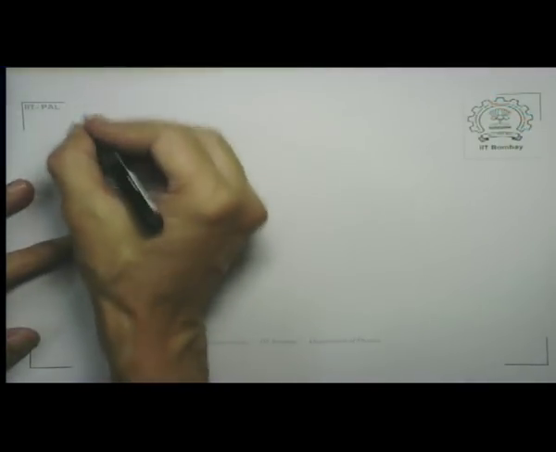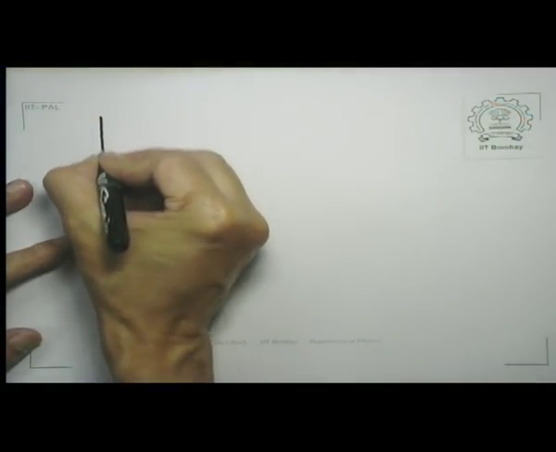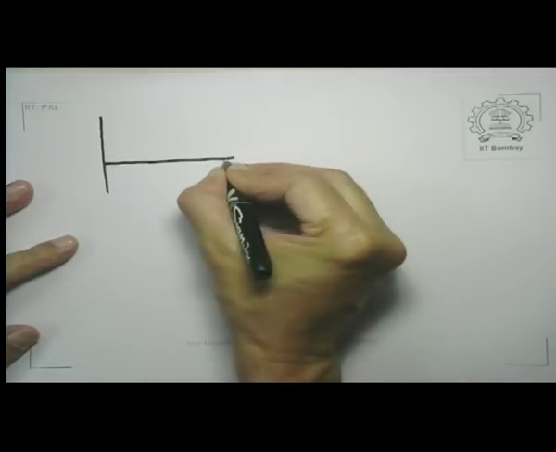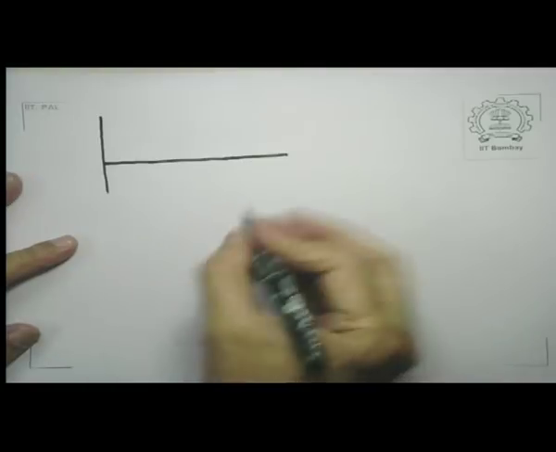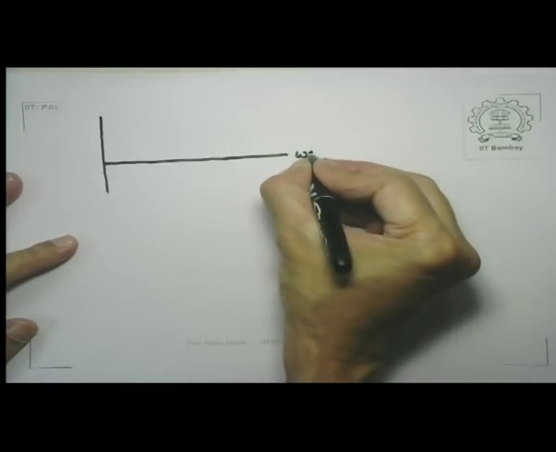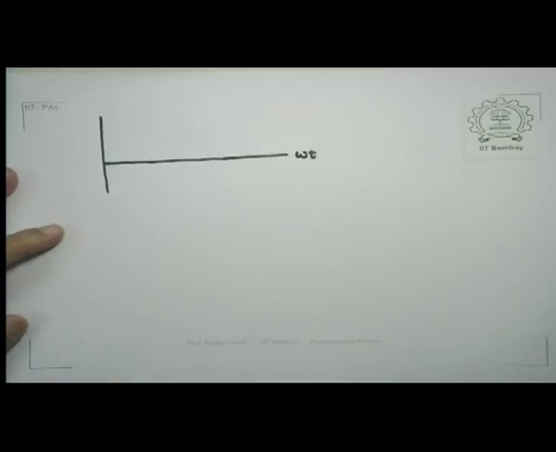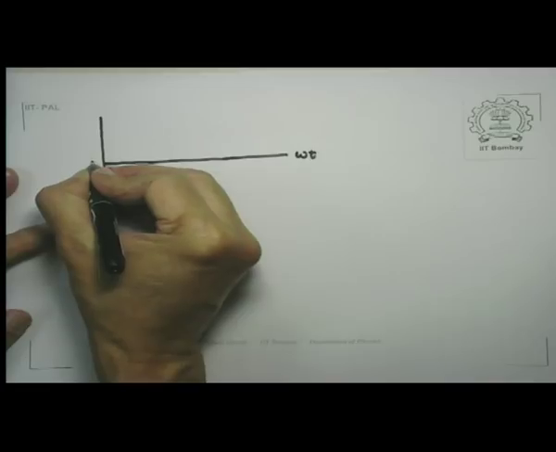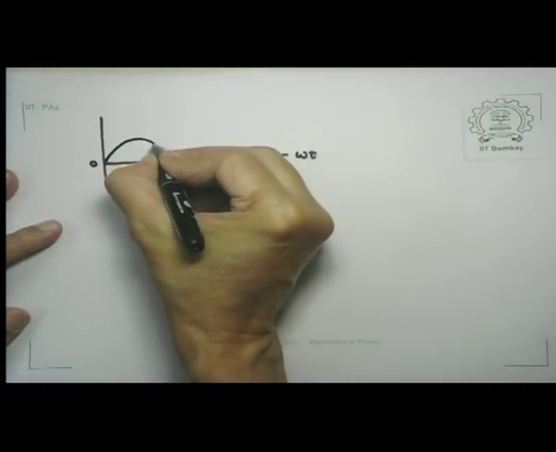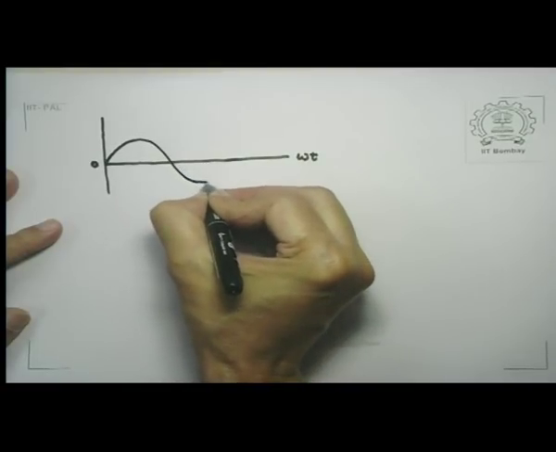Let's consider the way the voltage varies with time, and what I'm going to do is to plot the voltage not as a function of time but in terms of omega t, which as you know is measured in radians or degrees. So this is omega t equal to 0, and let me plot the voltage like this.